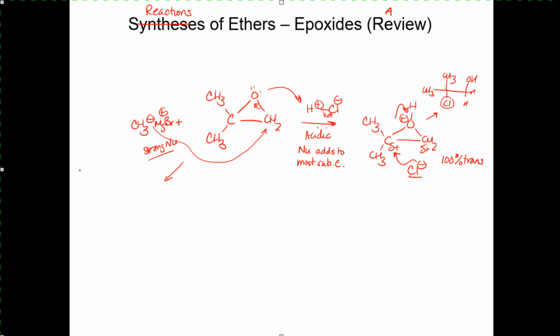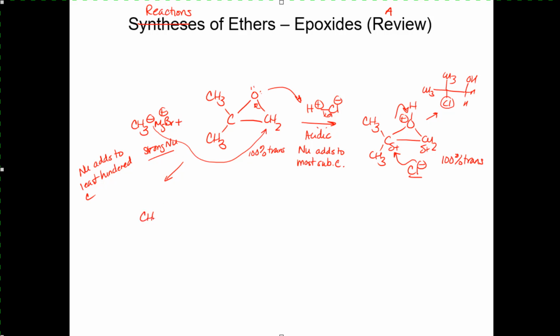So when you use strong nucleophile, what happens? The nucleophile adds to the least hindered carbon. And so in that case, again, it would be 100% trans addition relative to the OH group.